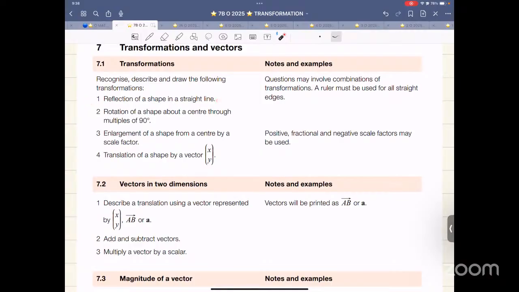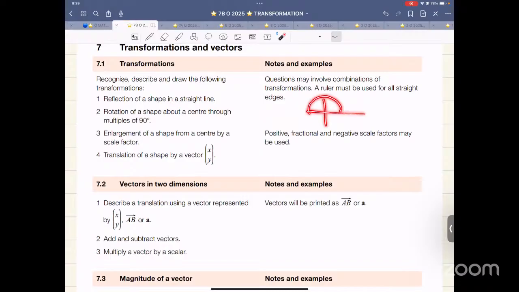Now over here, reflection of a shape in a straight line. That straight line could be the y-axis, the x-axis, the line y equals x, the line y equals negative x, or any other line. Rotation of a shape about a center through multiples of 90. That means 90-degree clockwise, 90-degree anti-clockwise, and also 180 degrees.